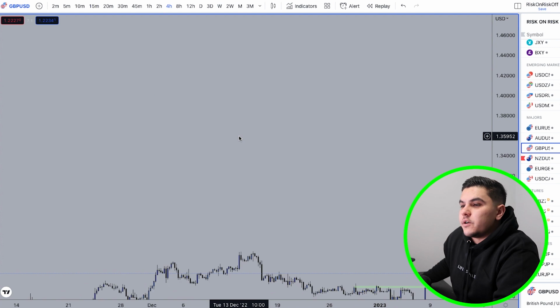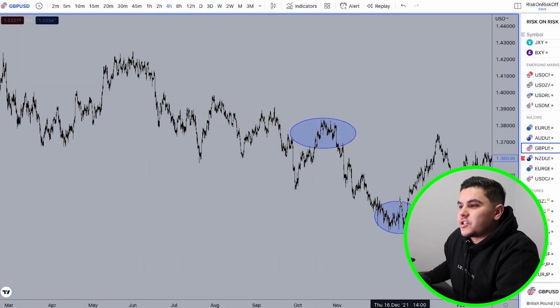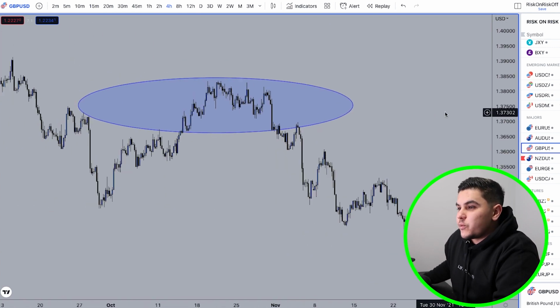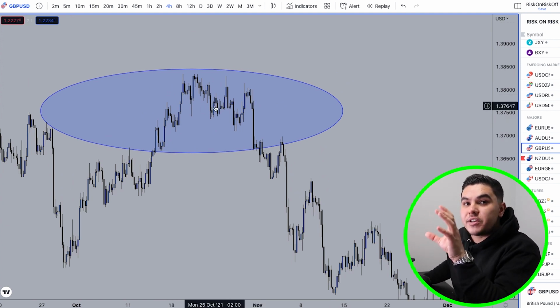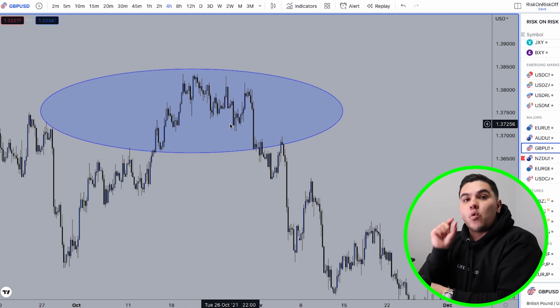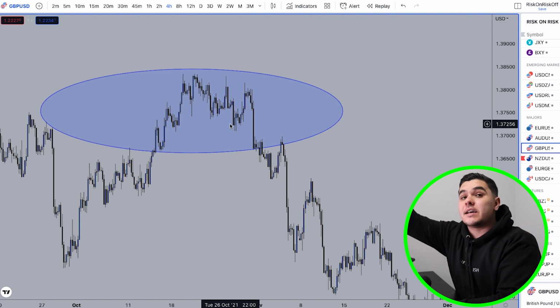So if we do go down to the lower time frame at these levels, I really want you to see that structure plays such a big role in the price action that we actually see over here. Now looking at these areas, they're breaking structure on the lower time frame, right? And all it's doing is showing you an indecisive price action on the higher time frame.